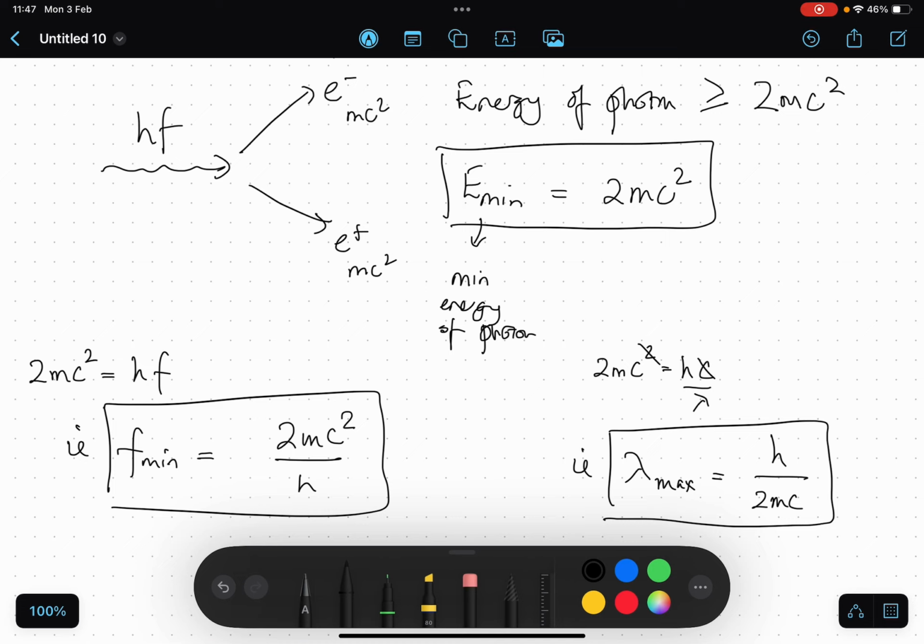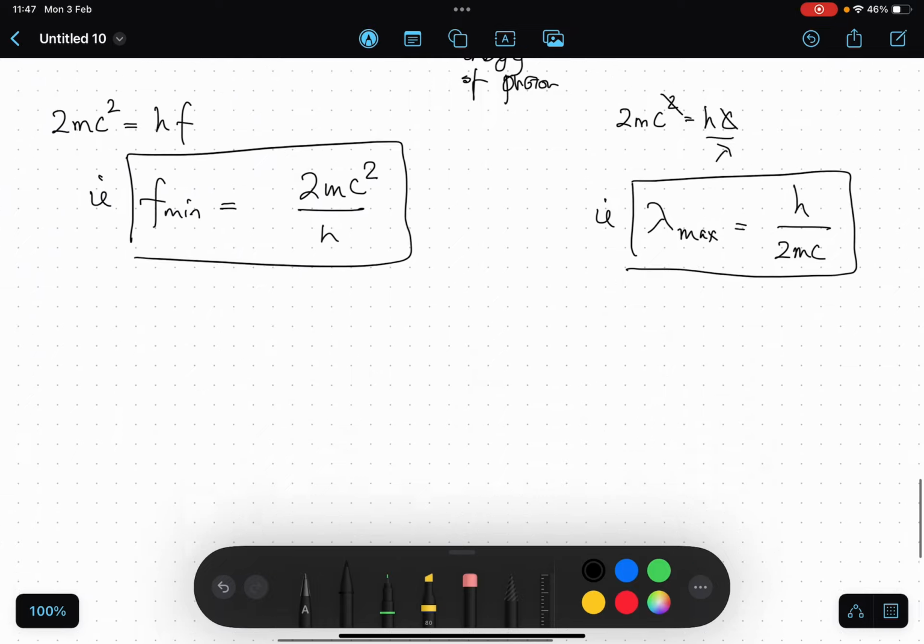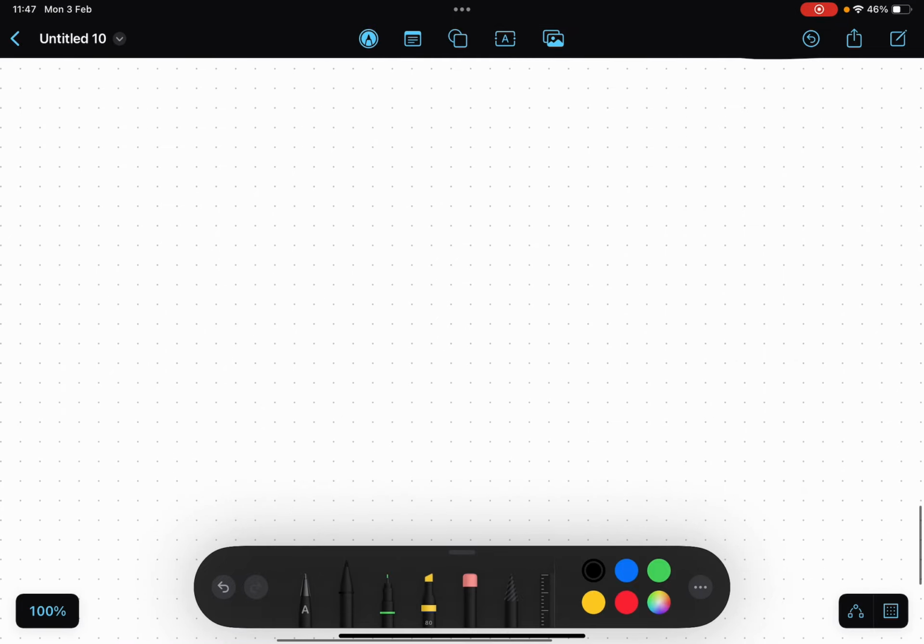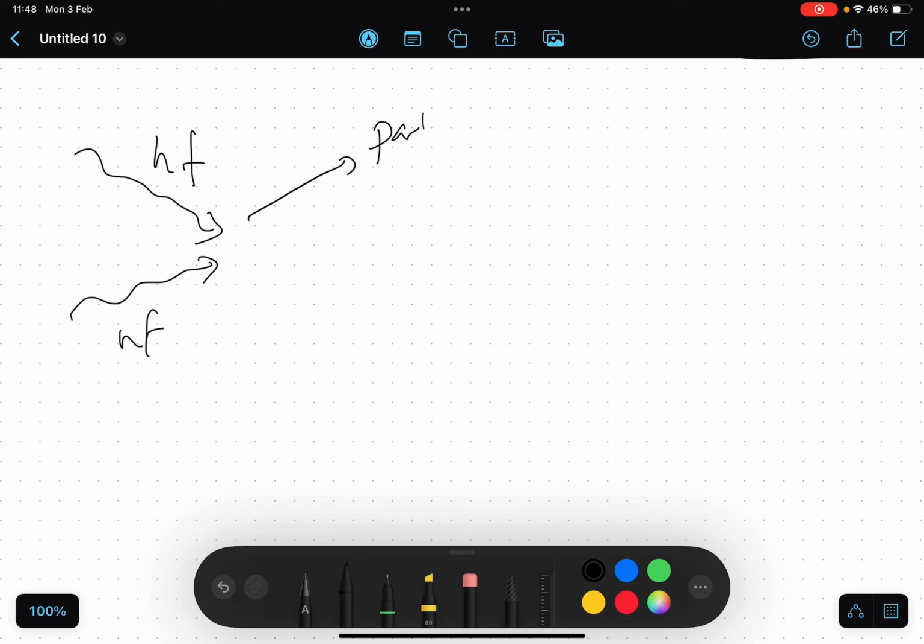Okay. Now, is it possible then to do this kind of pair production? Is it possible to get two photons interacting and forming two higher mass particle and antiparticle pairs? Yes, in theory.